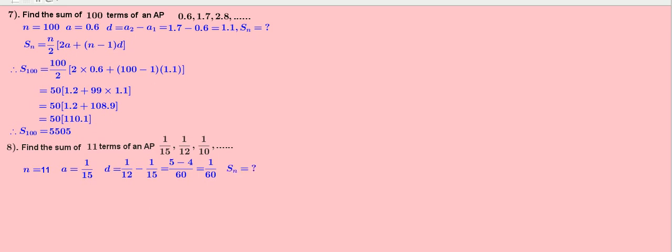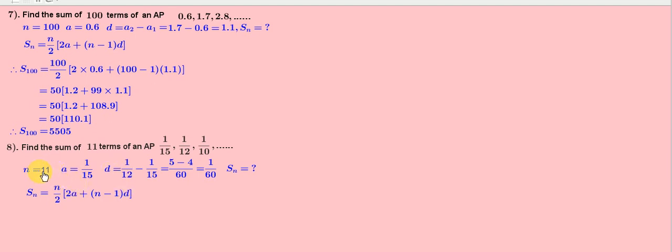We have to calculate sum of 11 terms. Sn is equal to question mark, that is S11 is equal to question mark. Formula Sn is equal to n by 2 into 2a plus n minus 1 into d.